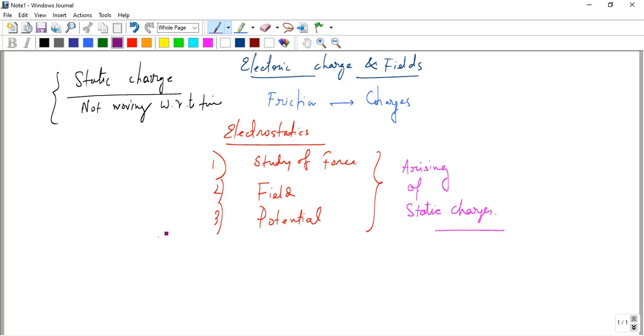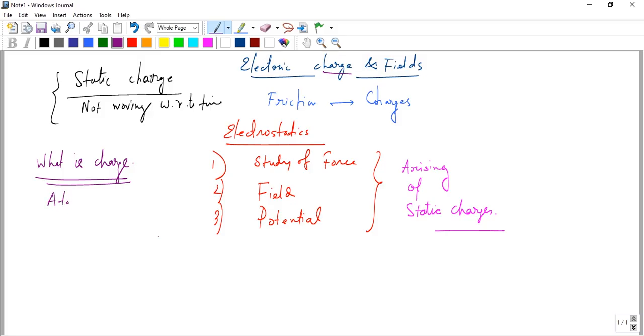So first we try to clear the concept of what a charge is. What is charge? All bodies are made up of atoms.